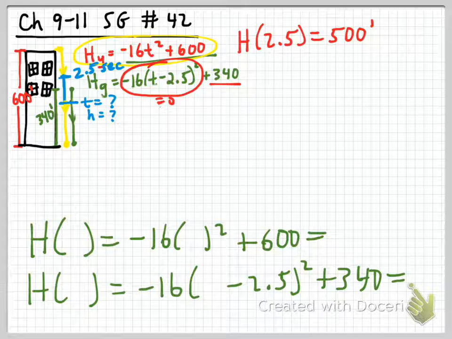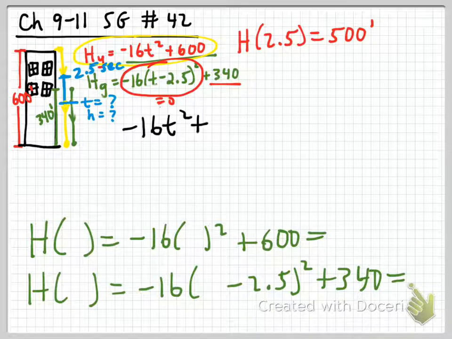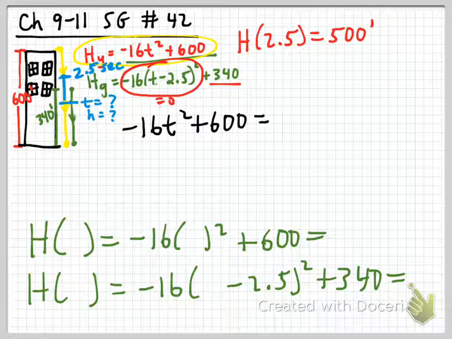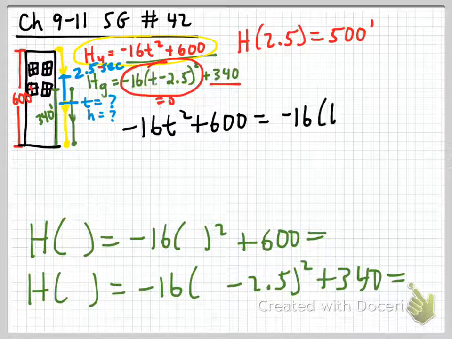Well, you could use your calculator if you'd like to, and set one equal to another. So you have negative 16t squared plus 600 equals negative 16 times (t minus 2.5) squared plus 340.